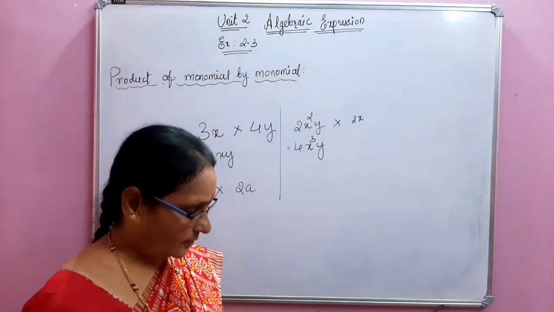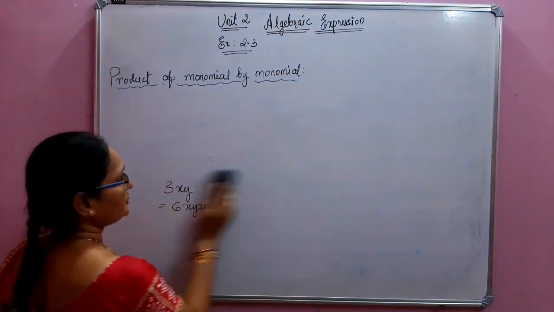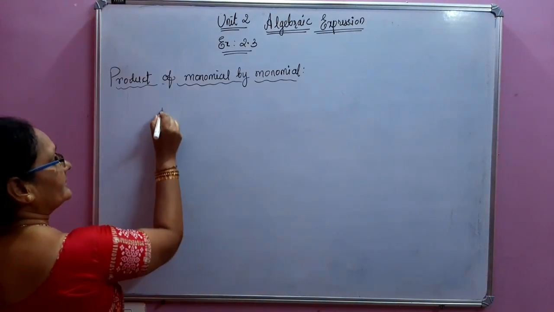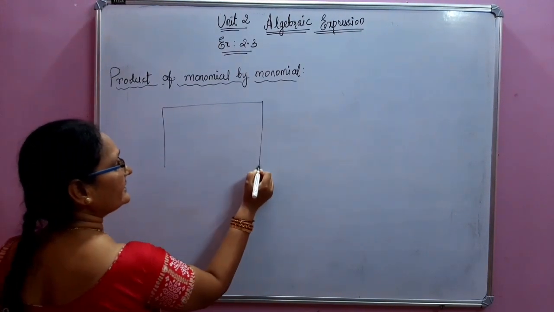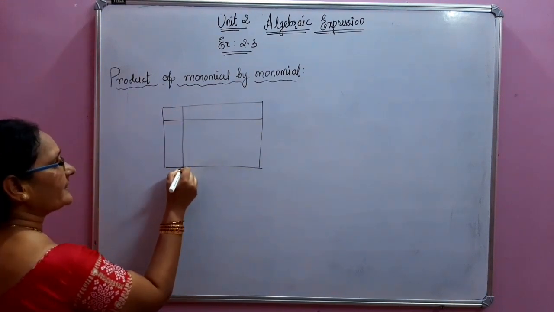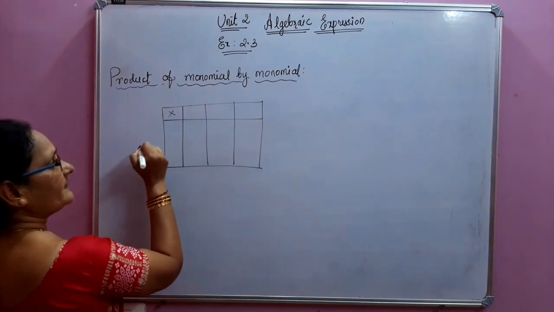So in this monomial by monomial, I will put one table and show you how to multiply. In the same way it is there in the exercise, you can do it. It is a big one, so I will put a small table and show you. This is multiplication.